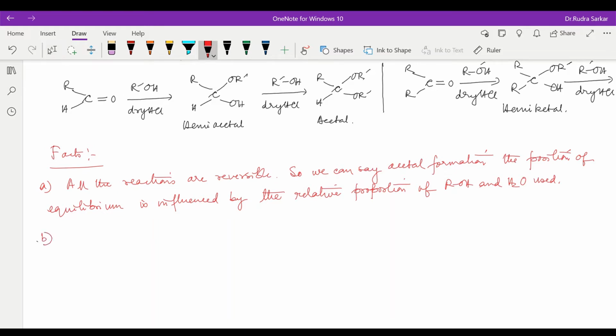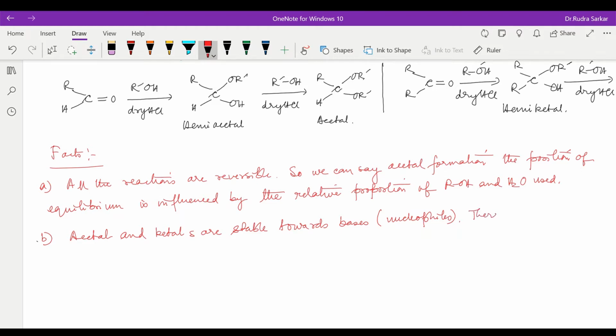Point number B, acetals and ketals are stable towards bases, or we can say nucleophiles.